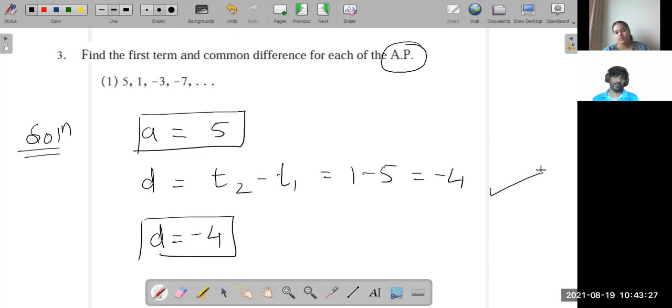They have given you an AP, it is an arithmetic progression, so you just have to find the first term and the common difference. That's it.